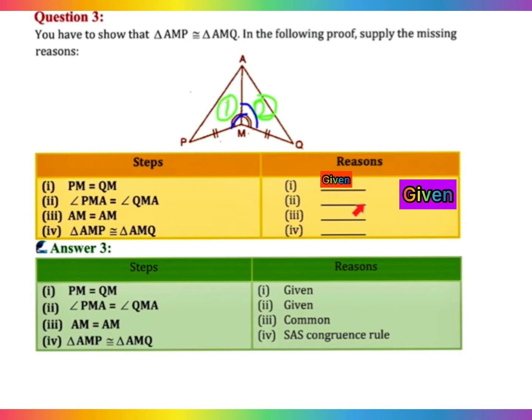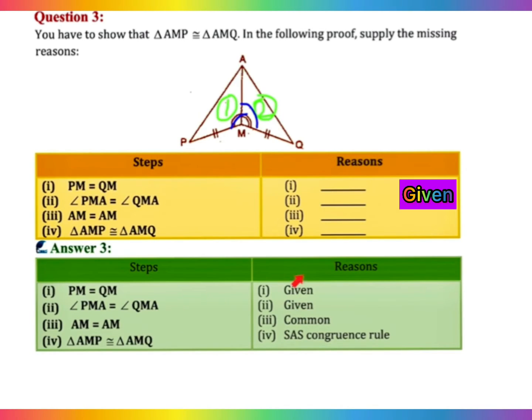Here also you have to write given. AM equals AM, dear, here you can see that this is a common side in both triangles. AM is a side in this triangle and AM is also in this triangle. So we will write common in the third part. After that, these two triangles are congruent.